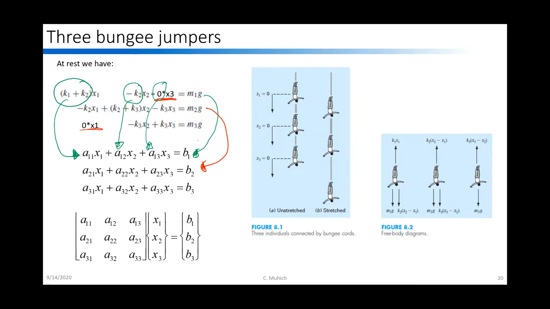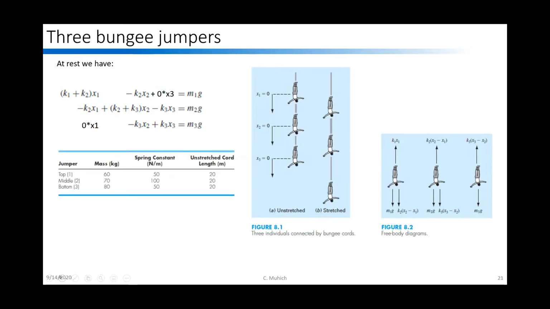We can do the same thing for each of these different equations and put these into a matrix. So let's do that. We can correlate each of these equations to a spot in our matrix form, and it just becomes an issue of determining what these are, like the k1 plus k2 that we know is going to end up in a11.